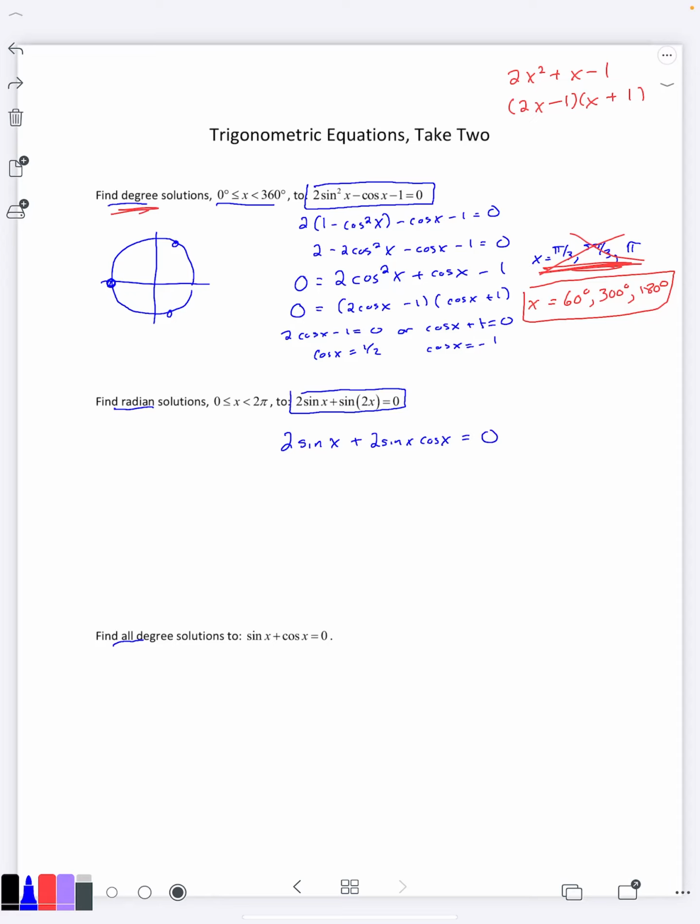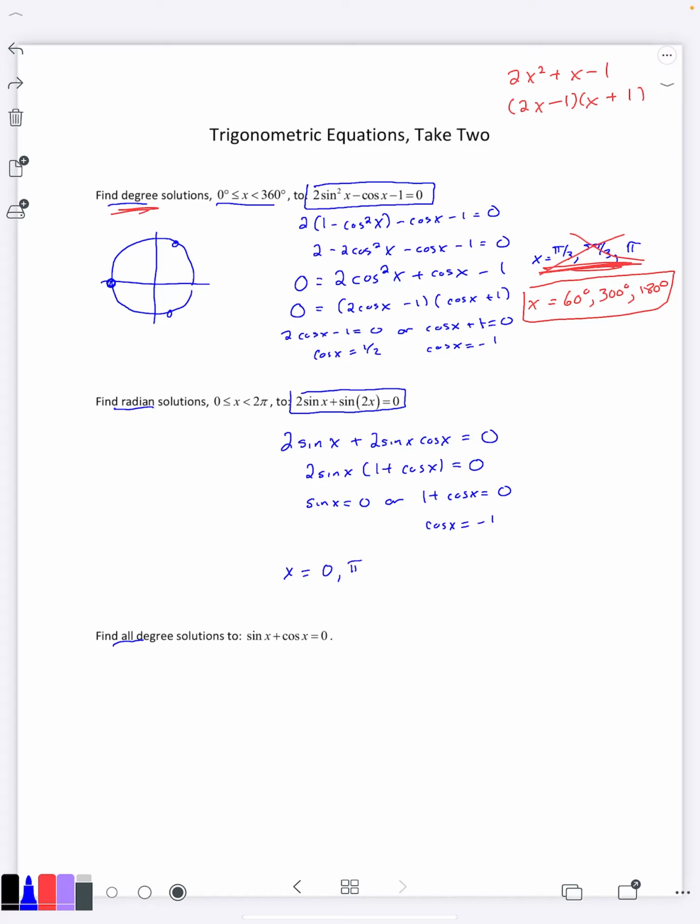So again, we have to use another identity this time. This time it's the double angle one. Then we can factor out the common factor of 2 sine x. It'd be 2 sine x times the quantity 1 plus cosine x. Then that means either sine x is 0 or 1 plus cosine x is 0. So sine x is 0 happens at 0 and at pi.